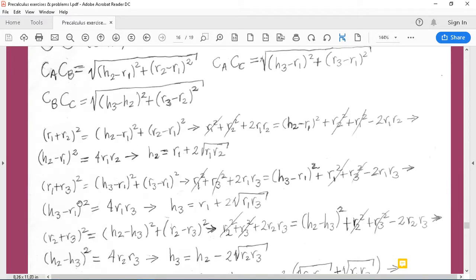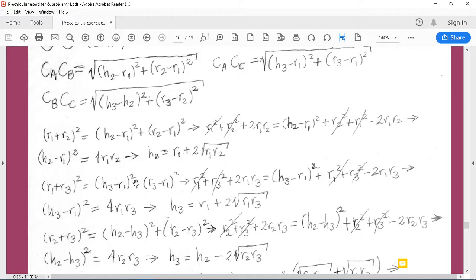In the same way, the square of R1 plus R3 equals the square of H3 minus R1 plus the square of R3 minus R1.